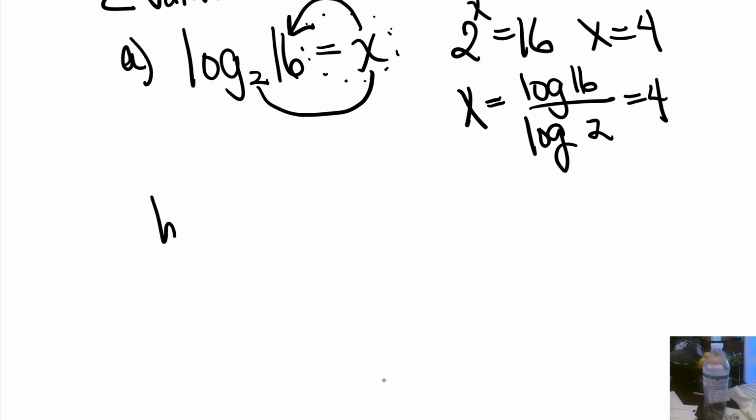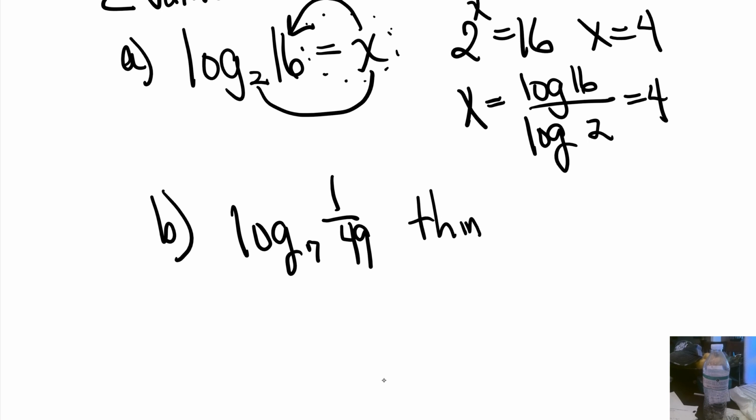I'm going to give you example B. In example B, I have log base 7 of 1 over 49. I need you to think, because this is where some students lose it.